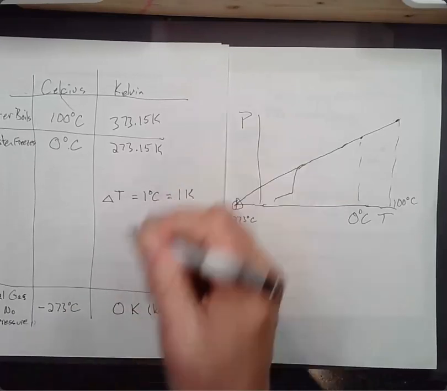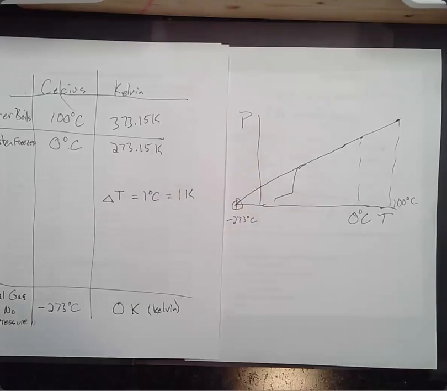A lot of the things we study, we're going to be interested in the change in temperature, and so we can use Celsius or Kelvin for that. In fact, a lot of times you'll be given one or the other. And those are things that we'll talk about.